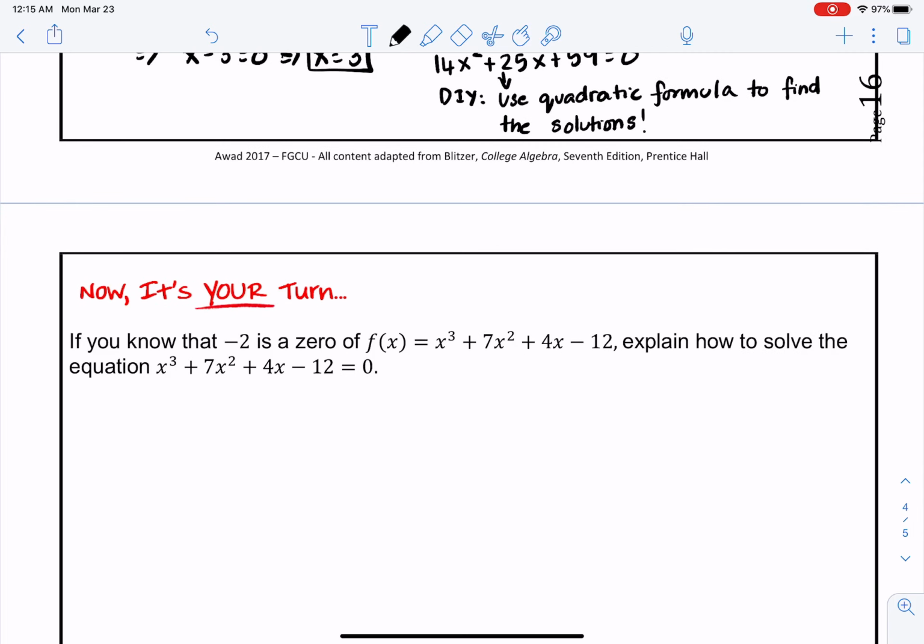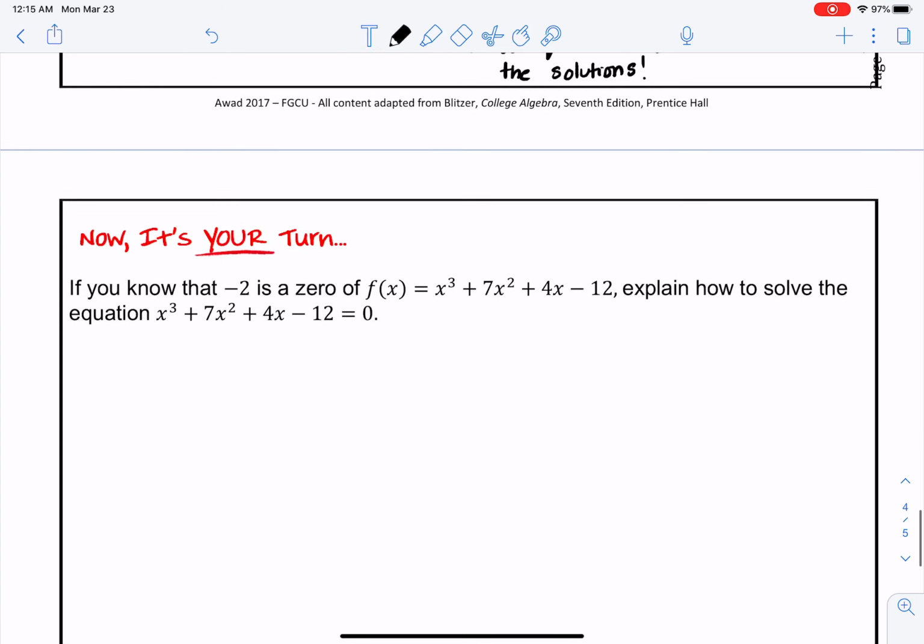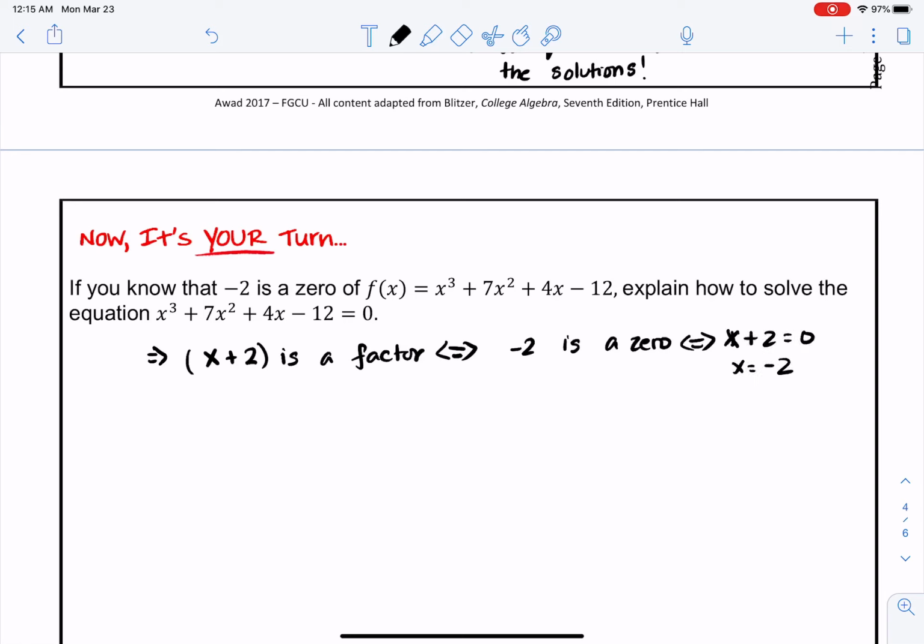So here we know that negative 2 is a 0. If negative 2 is a 0, x plus 2 is a factor. So that would mean that negative 2 is a 0, because if you set x plus 2 equals 0, you get x as minus 2, so minus 2 is a 0. So how do we solve this equation?